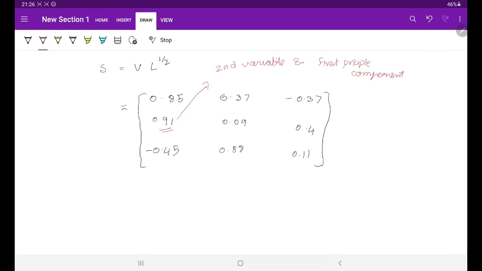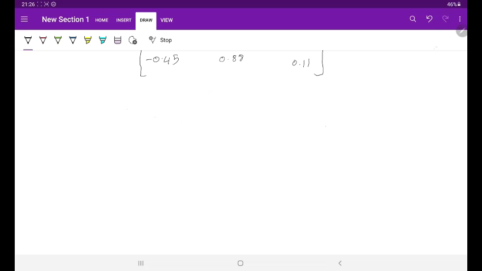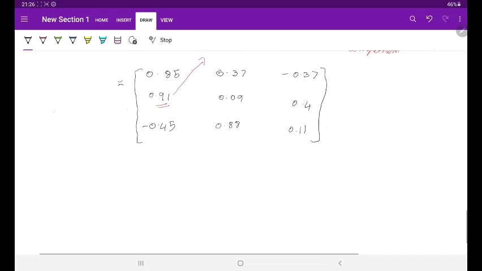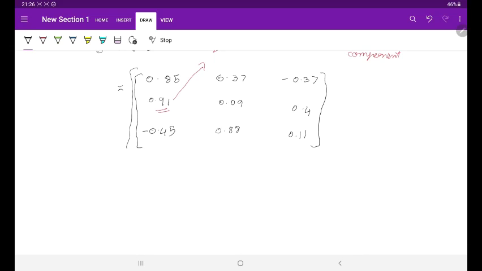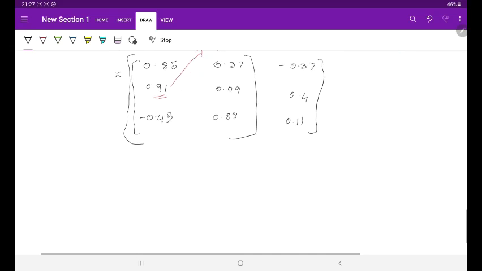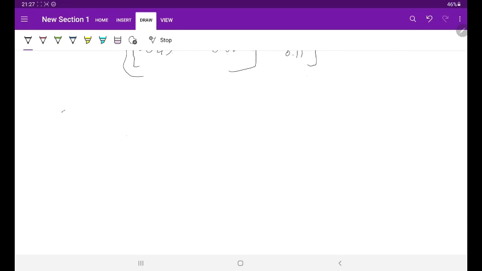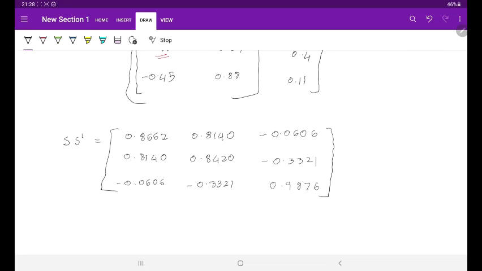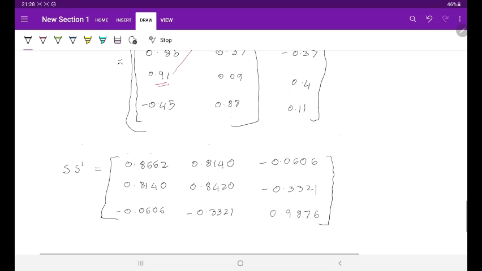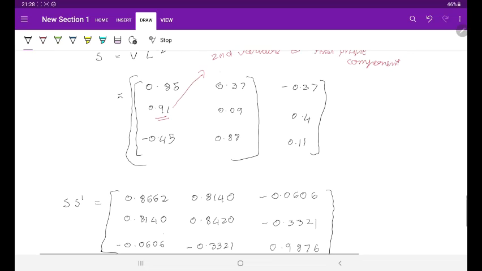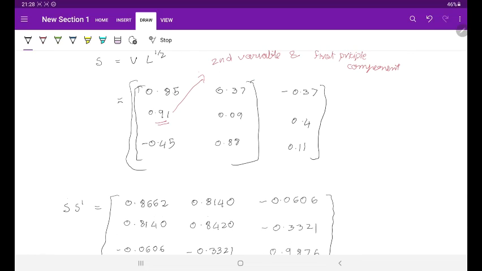The next step is to compute the communality between the first two eigenvalues. That is, we are just considering these two eigenvalues. So S into S transpose would be equal to, we are getting this value by multiplying this matrix with its transpose.